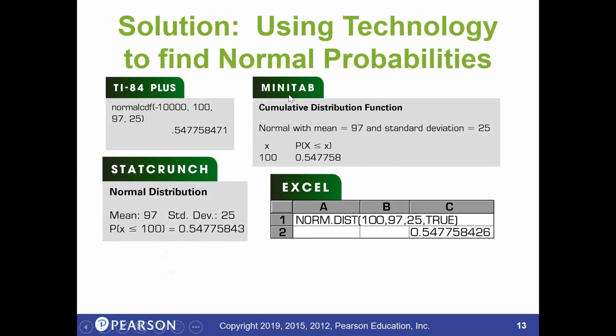So Minitab is another statistical software. StatCrunch is another statistical software used in industry, and a lot in education. For the online students, they have StatCrunch built into their online publisher site. So they do number crunching with that.